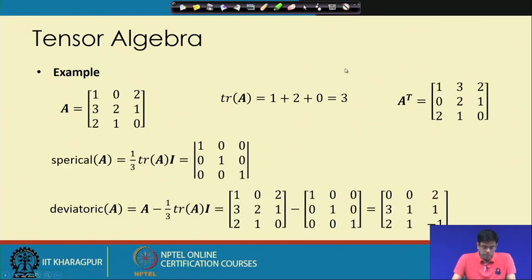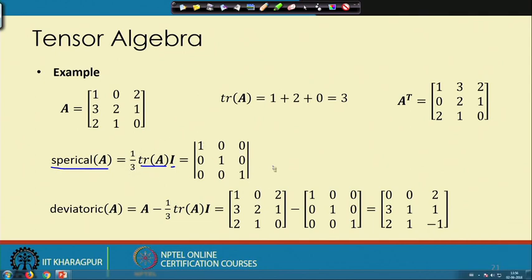Now, what is the spherical component of the tensor? We know what trace is. So 1/3 of the trace of A times I. See, trace is a scalar quantity and the spherical part of the tensor is a tensorial quantity, so we have to multiply with the identity tensor.